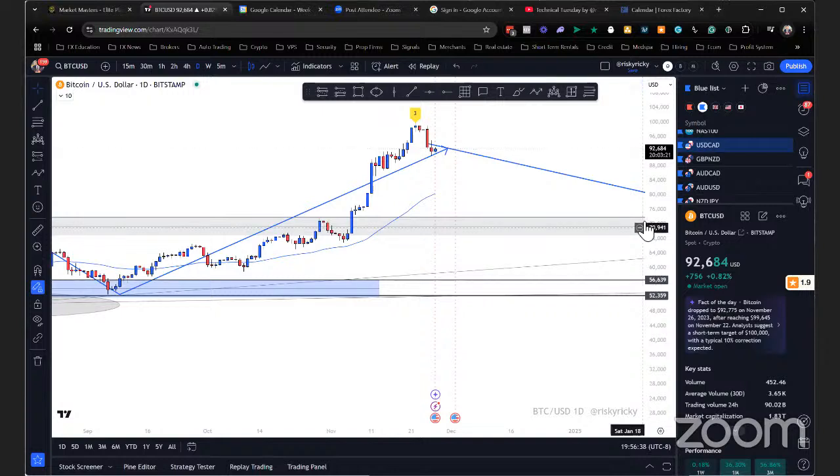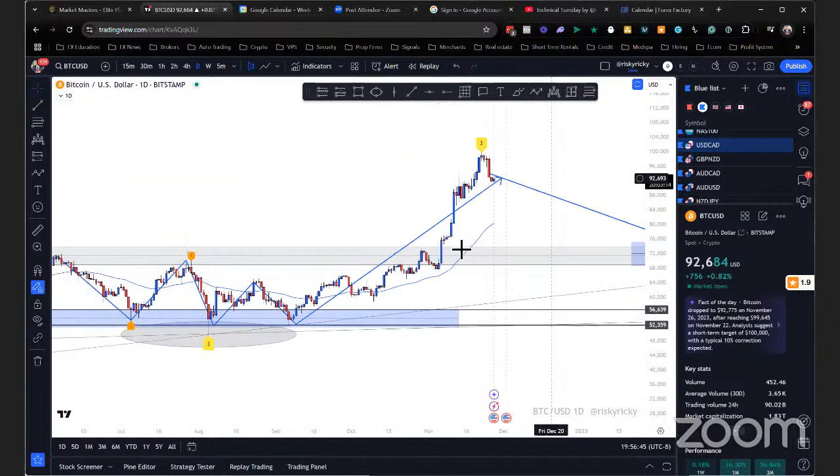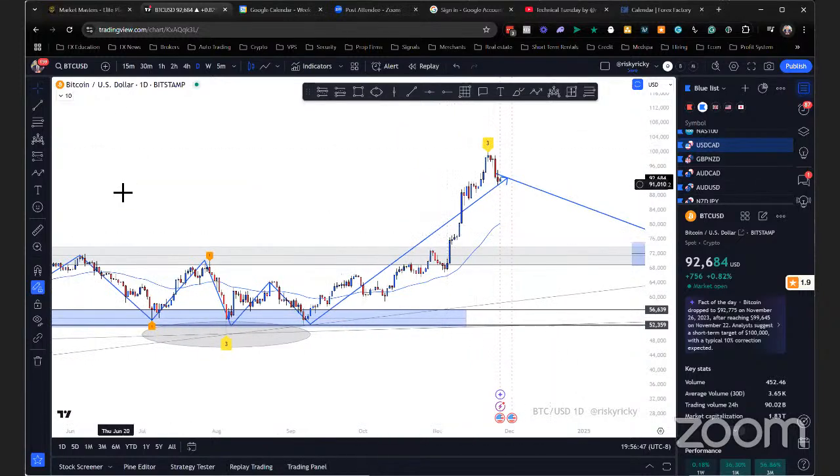Here's a tactic you can use with investing: something called dollar cost averaging.